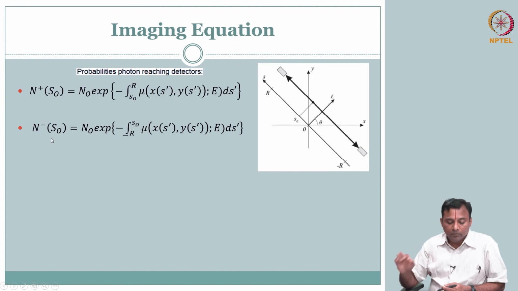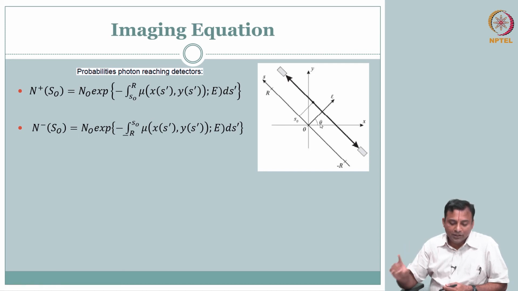But the important aspect here, unlike your SPECT, is that this S0 is an arbitrary location, you do not know it. You know that along this line the activity has happened. The good thing about PET is, because of this coincidence, what you know is that it is along this line; that is one good news.